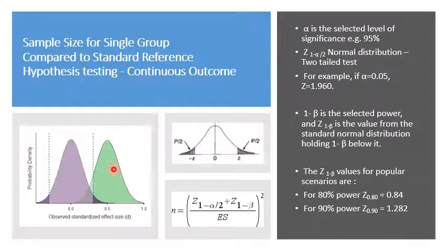So if you have a group which is quite different from the known standard, then you would have a higher effect size. If it is very close to the known standard, then it has a smaller effect size. The distance between the average of these two groups divided by their combined standard deviation would give you the effect size. So this is the second equation to measure sample sizes.